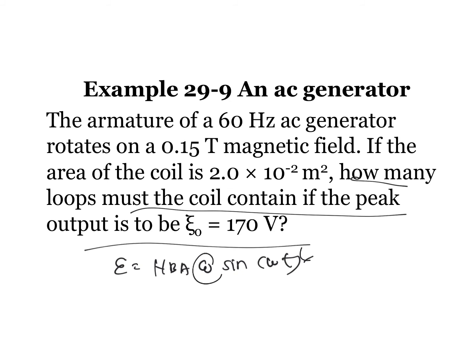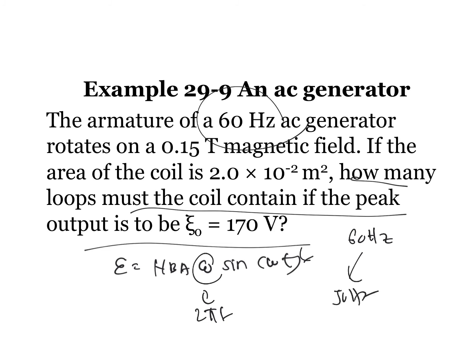Here omega is 2 pi f because the question gives you 60 hertz. Please take note that in Canada and the US, the frequency used is 60 hertz, but other countries use 50 hertz.